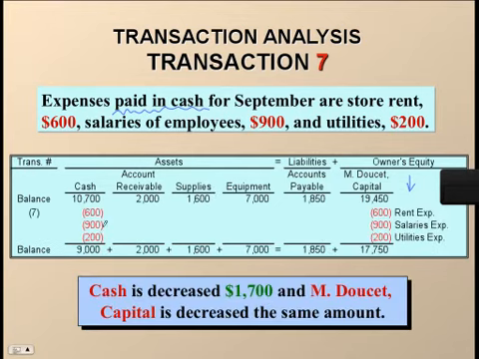And we're going to list them each individually because each expense is a separate account: rent expense, salaries expense, and utilities expense. So the left went up 1,700 and the right went up 1,700.